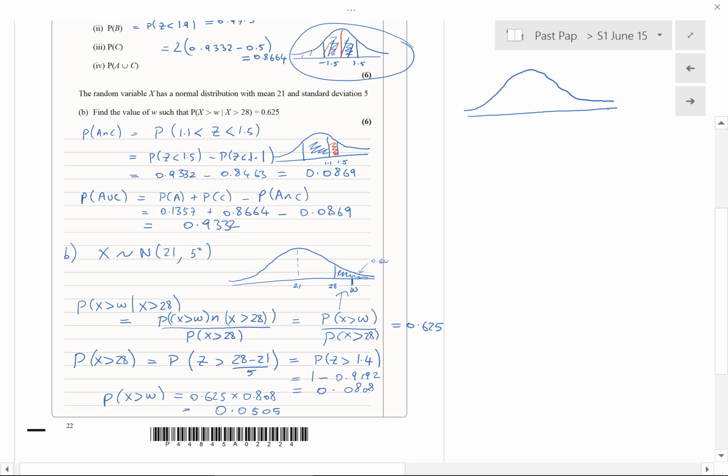Interesting to see how the examiner's report is for this. Anyway, we need to find the value W here. We've now at least found this area, which is 0.0505. That means that this area here is 1 minus that, which is 0.9495.